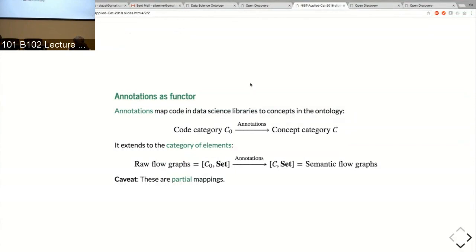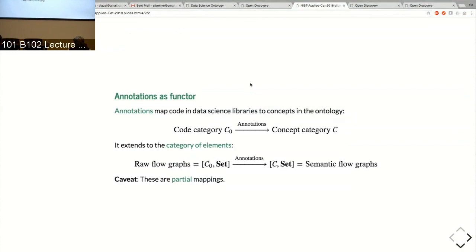And we think of these annotations as all combining together to form a big functor, which goes from some category of concrete code constructs into the concept category that's defining the ontology. And this functor is what's used during semantic enrichment to go from the raw flow graph to the semantic flow graph.